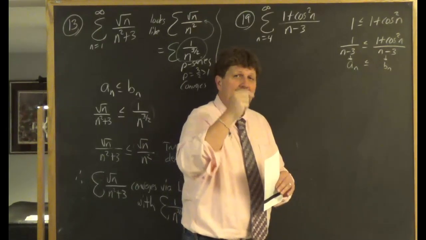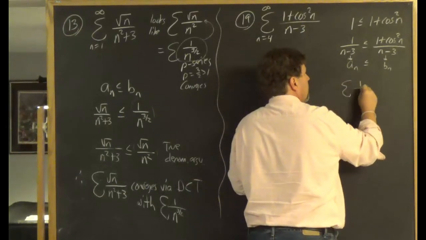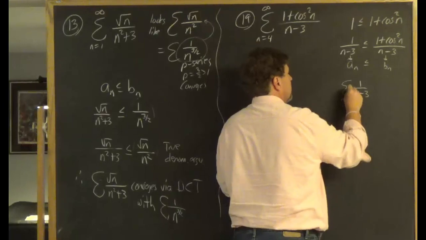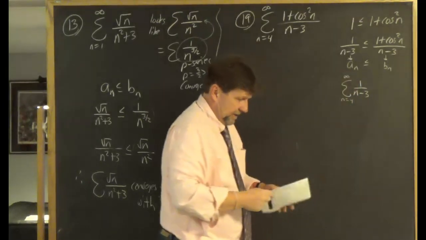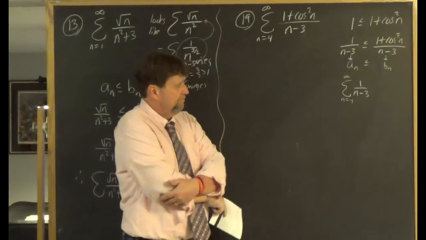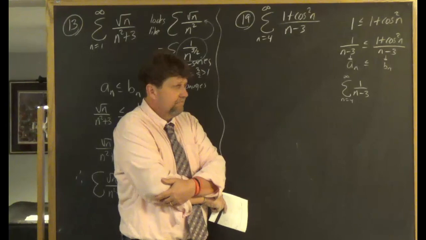So I need to now analyze, what about 1 over n minus 3? What about that series from n equals 4 to infinity? Does it converge or does it diverge?